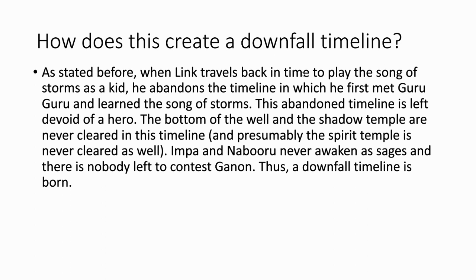And as I said, this creates a downfall timeline in the form of timeline 1, because Link left that timeline, and so the bottom of the well and the Shadow Temple are never cleared, and subsequently the Spirit Temple is also not cleared, and so Impa and Nabooru never awaken as sages, and Ganon's never defeated, and timeline 1 becomes a downfall timeline. But Link is in timeline 2 now.